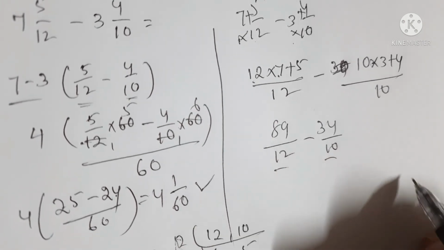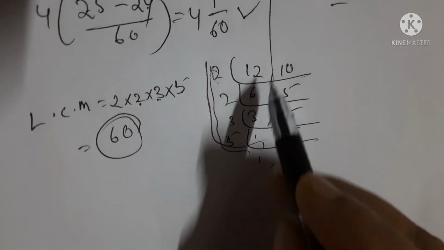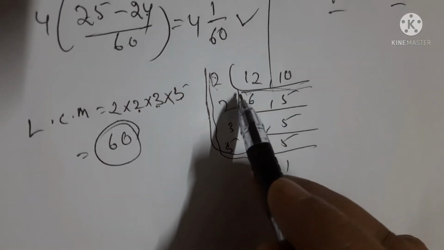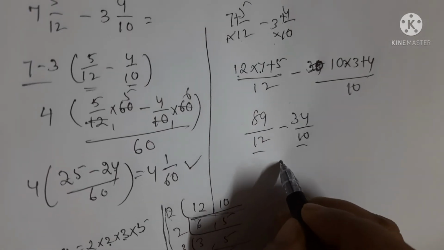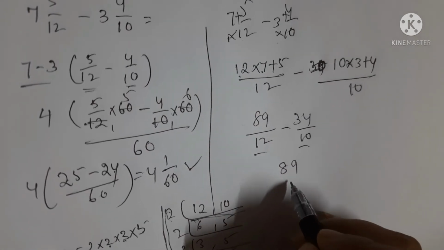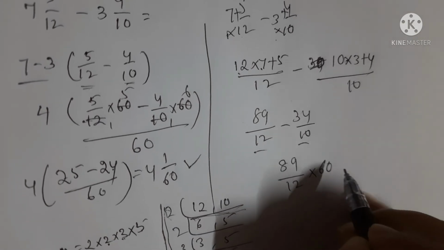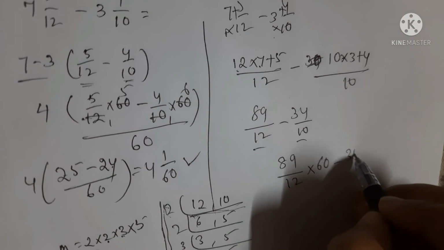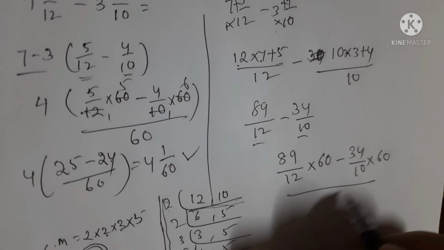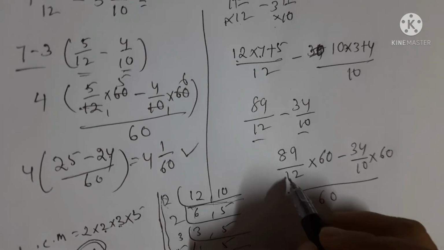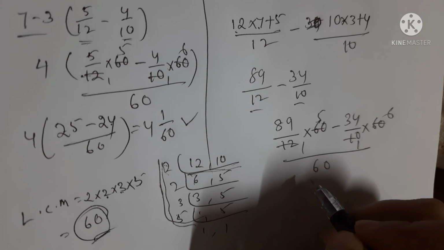For both of these now we will take the LCM, like this. So for 12 and 10 we got LCM 60. Here 89 by 12 multiplied by LCM 60, minus 34 by 10 multiplied by 60, whole by 60. Now 12 1 ja, 12 5 ja, 10 1 ja, 10 6 ja.